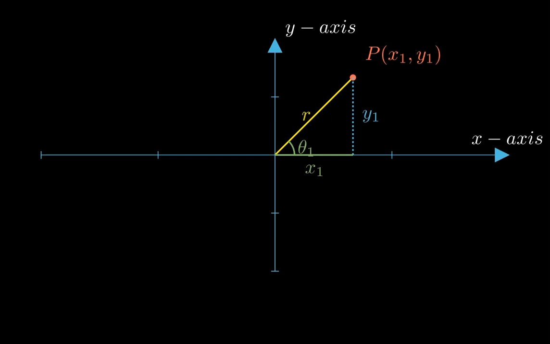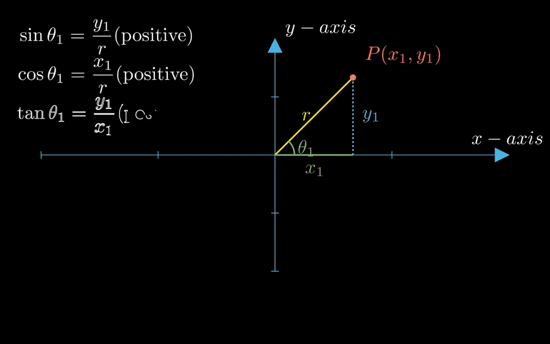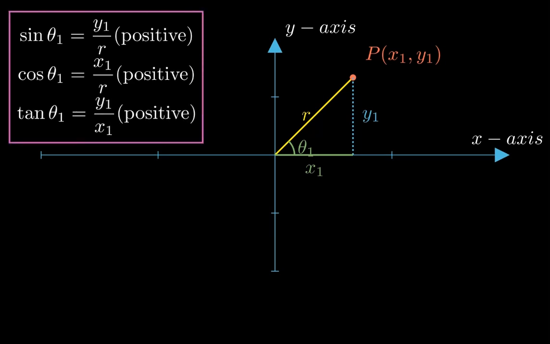Y1, x1, take note of those values. You have now the sine of theta 1. Sine of theta 1 is opposite divided by hypotenuse, so that is going to get us y1 over r. The cos theta is adjacent, which is x1, divided by hypotenuse, that is r, and it is positive. All of them actually are positive in this quadrant.